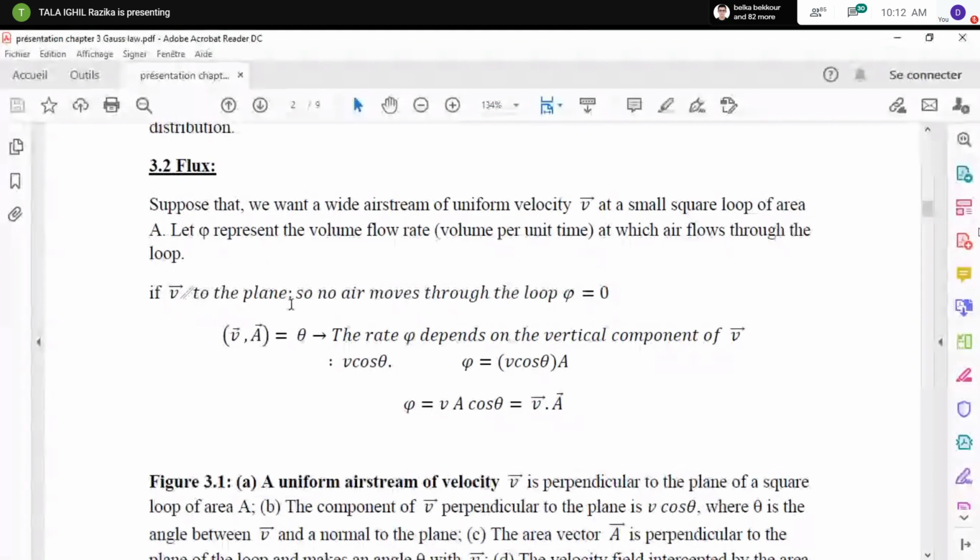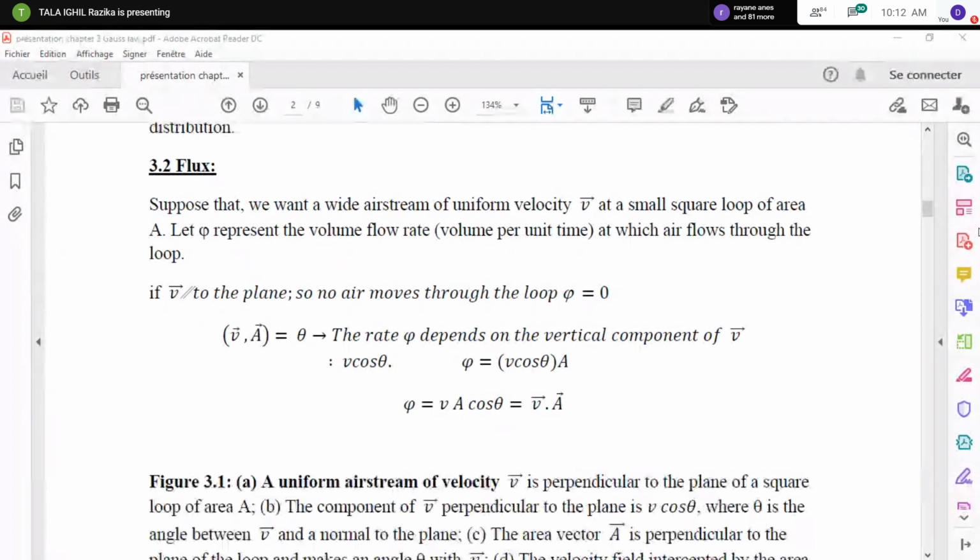In general, the flux, if we have an air stream with velocity v, and we have an angle between v and the area surface A, we can know how much can be accepted.